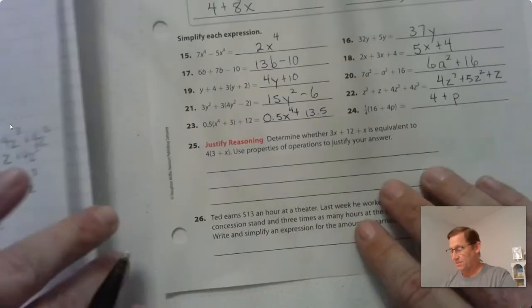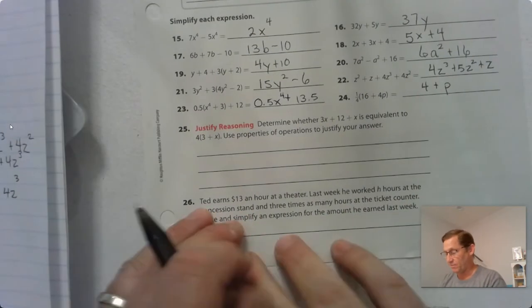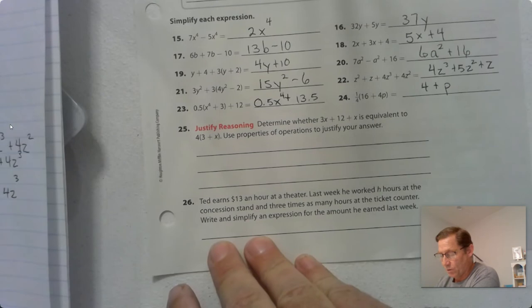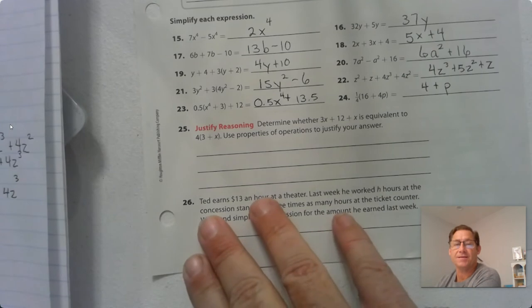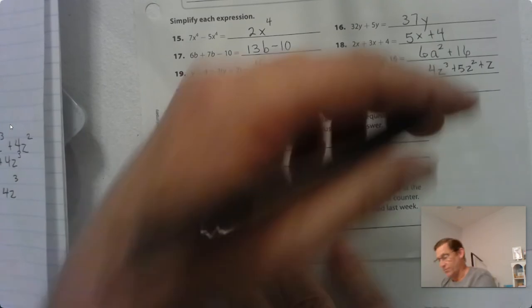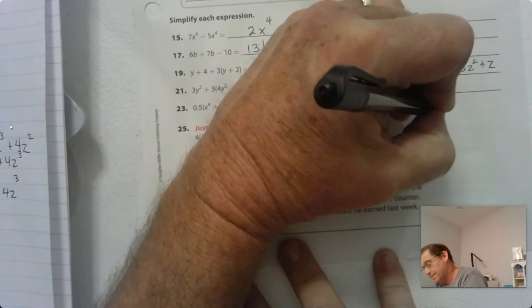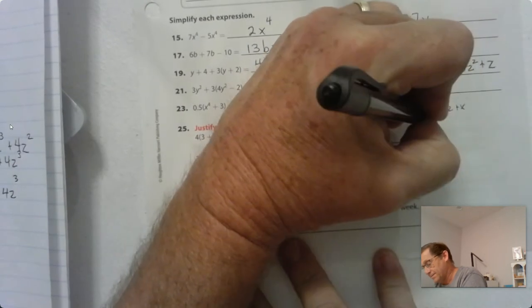All right, 25. Determine whether 3x plus 12 plus x is equivalent to 4 times the sum of 3 and x. Use properties of operations to justify your answer. Okay, so 3x plus 12 plus x.